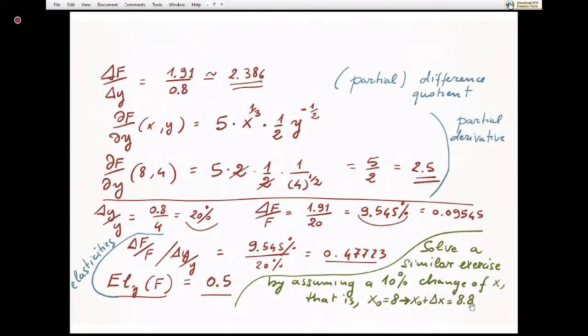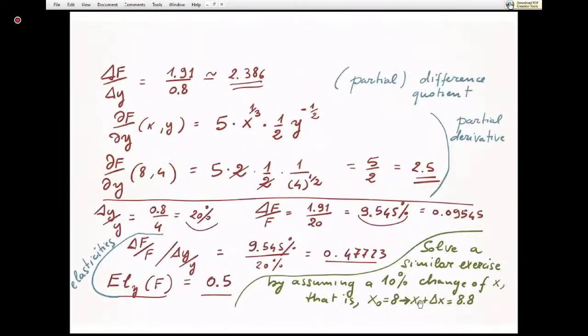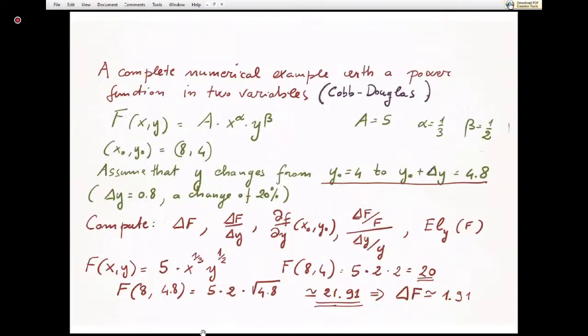You can try to solve this and compute the same quantities and compare them with their theoretical values, which are the partial derivative and the partial elasticity. This is very useful. Of course, you should find an empirical elasticity over the given interval which is pretty close to, not 0.5, because now it is the elasticity with respect to x, so it's pretty close to 0.33, 1/3.